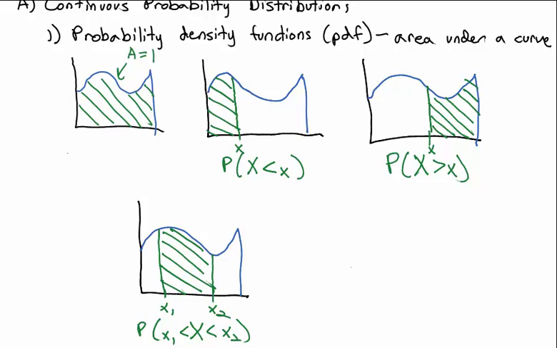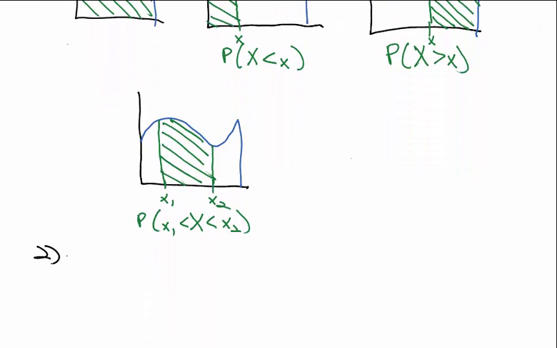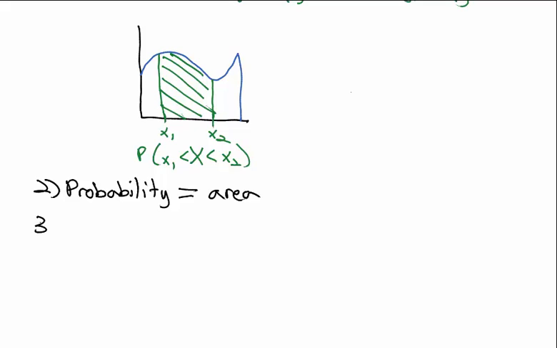That's the idea of a probability density function. The big idea is that probability is equal to area. Probability is area.